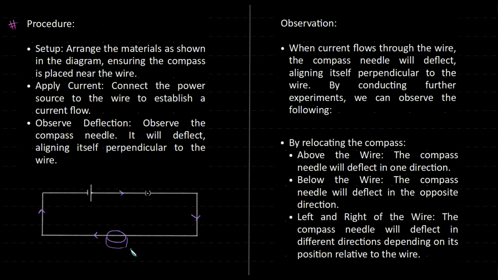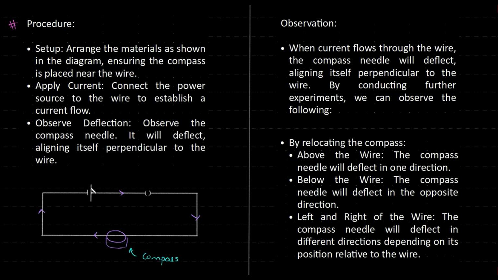So that's your compass. The compass needle happened to show some deflection. In what direction, we'll understand, but it moved. It was pointing to the north and it moved. When he switched it off, it moved back to the original place.